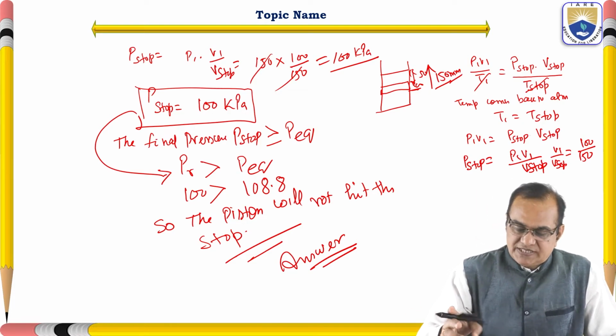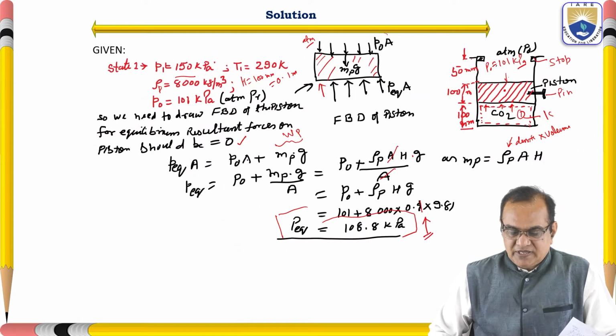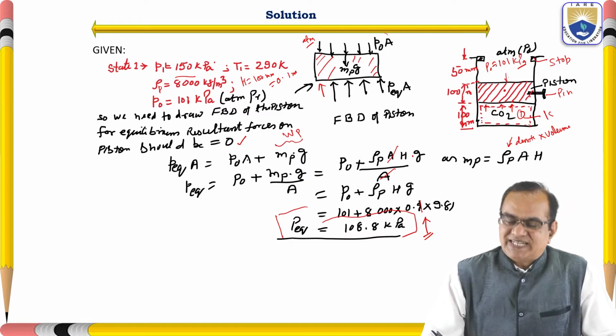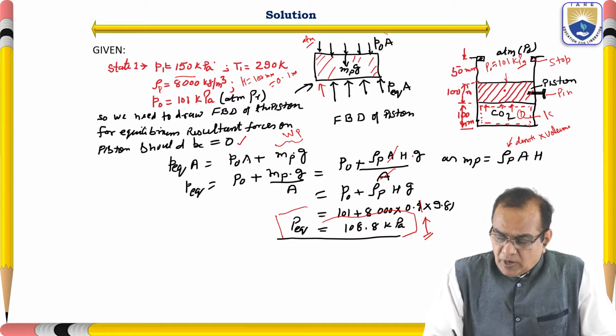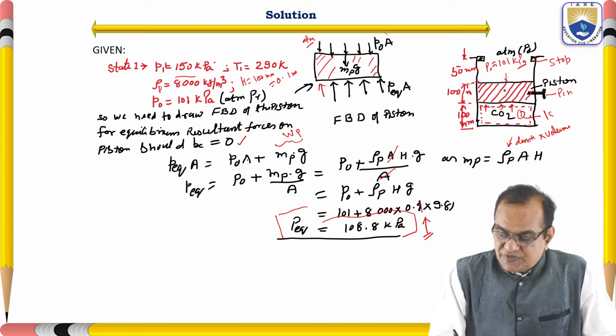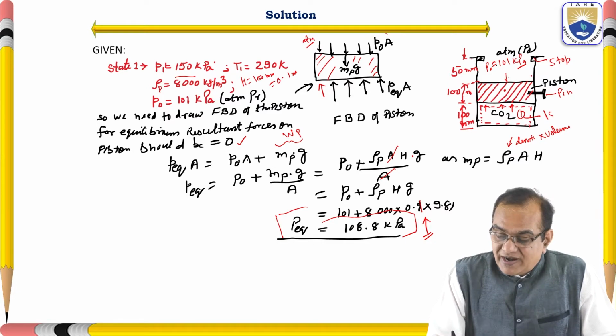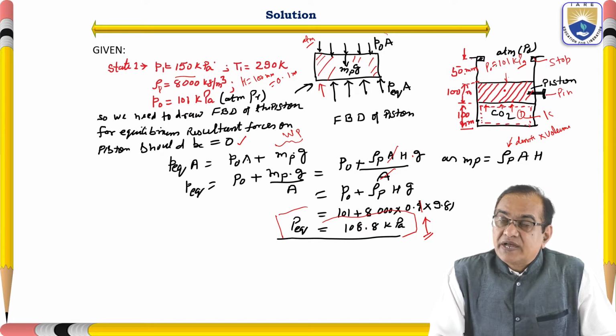I think it will be very much clear that the piston will not hit, because I will again explain from my previous diagram here. We have seen that the P stop which we have got here, which is moving upward, is only 100, because it is moving. So this volume is increasing, so pressure is decreasing. From 108, it has become 100 here.